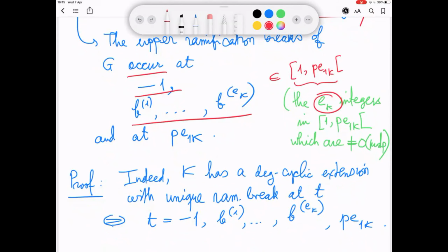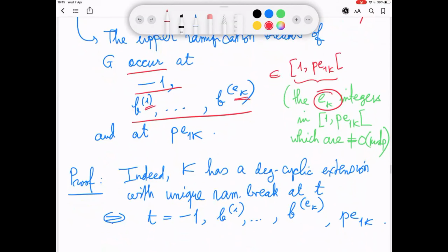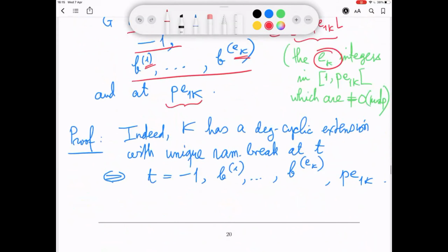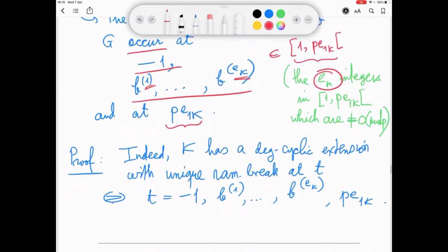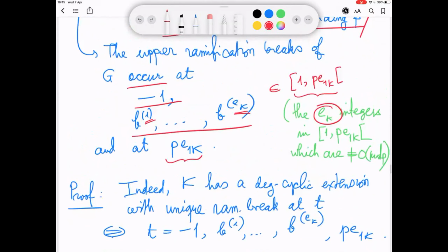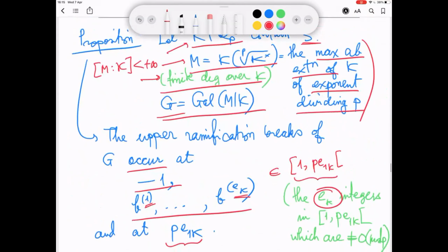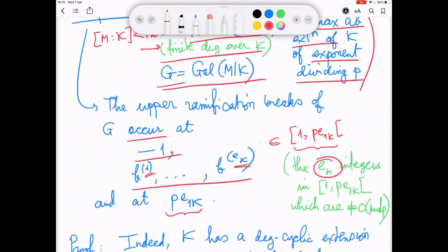There are these e_K integers, 1, 2, up to e_K of them. And also at pe_1/(p-1). That's where the ramification breaks occur for this maximal abelian extension of exponent dividing p.